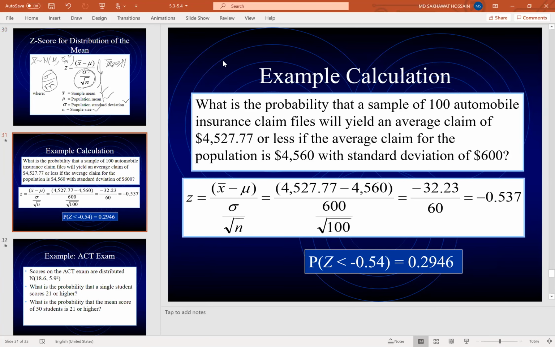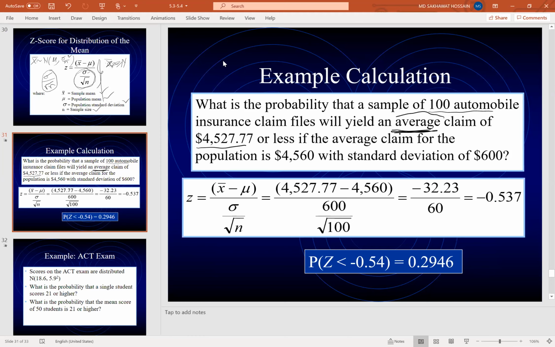Okay, so now we'll go over an example. What is the probability that a sample of 100 automobile insurance claim files will yield an average claim of this amount or less? So here this word is very important. Here we are looking for the average claim, not just a single claim. So that's mean we are looking for the probability for x bar, not x.